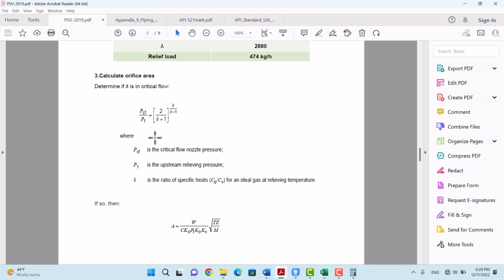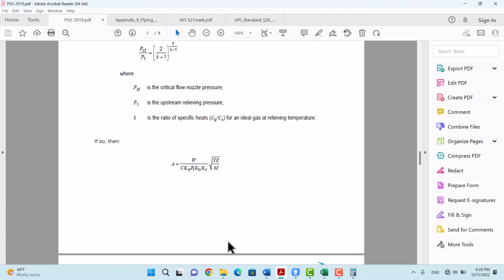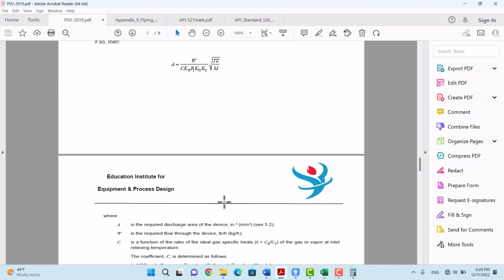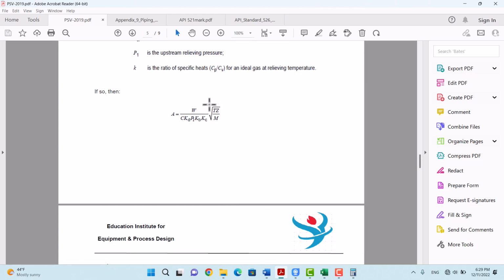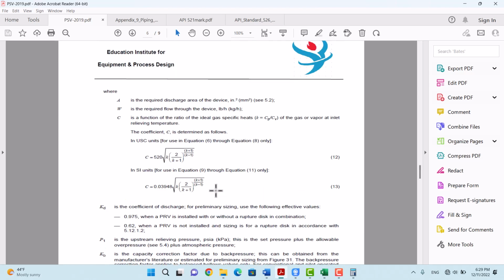Since it is in critical conditions, we can use these equations. We used these equations and of course defined different coefficients based on these definitions here. And we had the relieving temperature, Z factor, the molecular weight, and of course we had calculated, for instance, the relief load in previous steps.